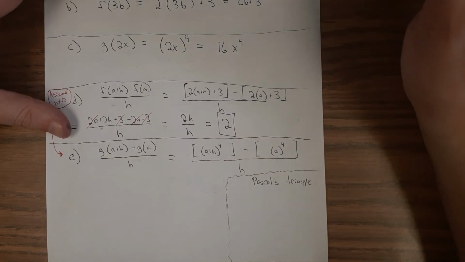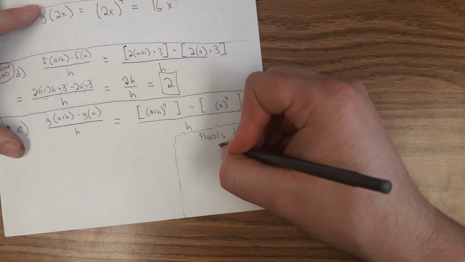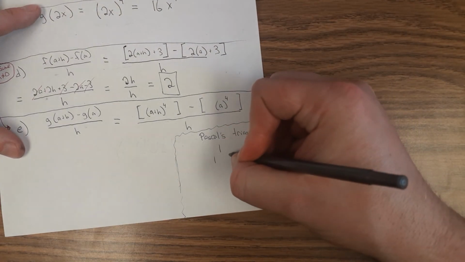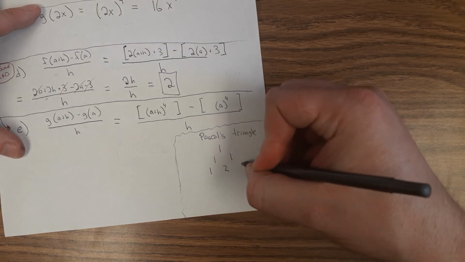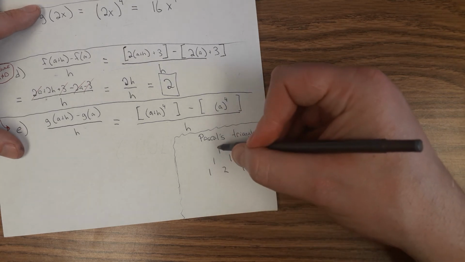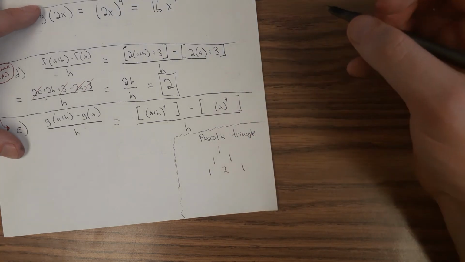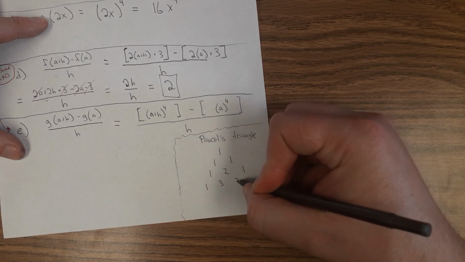It's Pascal's triangle. So Pascal's triangle is a triangle, as the name suggests, that has ones going down the left and ones going down the right. And there's these other numbers in the middle.